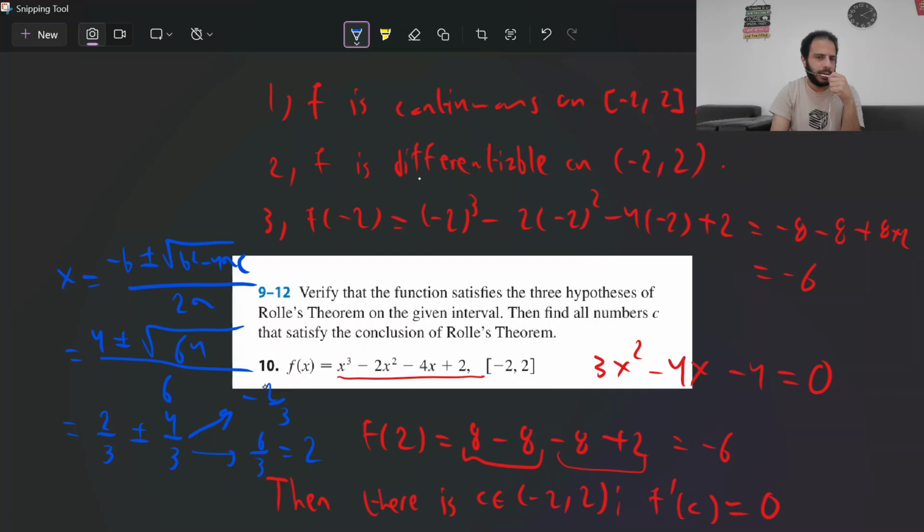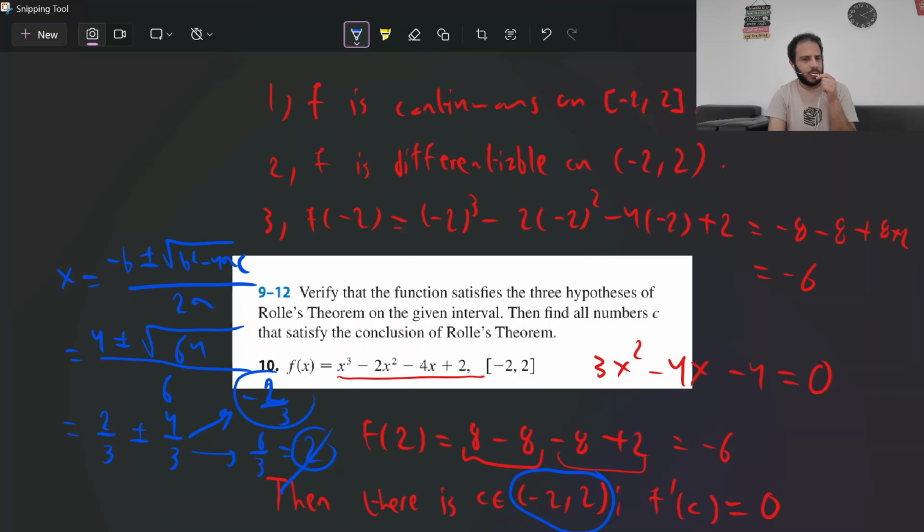Which solution will I take here? Minus 2 over 3 or positive 2? Yes. We want the solution to be in the open interval minus 2 to 2. Which solution will I take? 2 or minus 2 over 3 or both of them? Is 2 in the open interval?